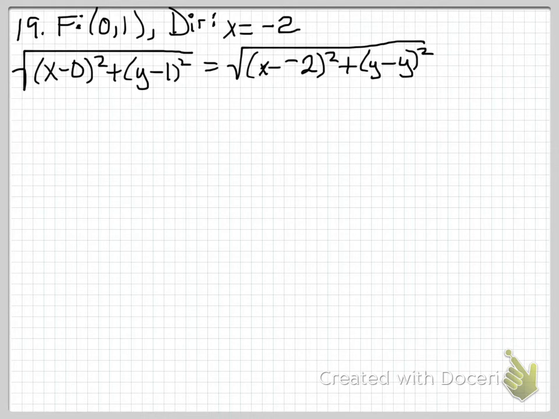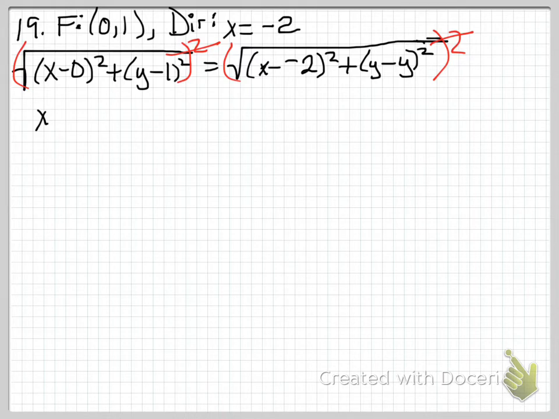Okay, so now, we've got the square roots on both sides. Before I go on, I want to go ahead and take care of my square roots. I want to get rid of those so that I'm working strictly with my equations. I can do that by squaring both sides. And when I square both sides, that eliminates the radical and the exponents on both.